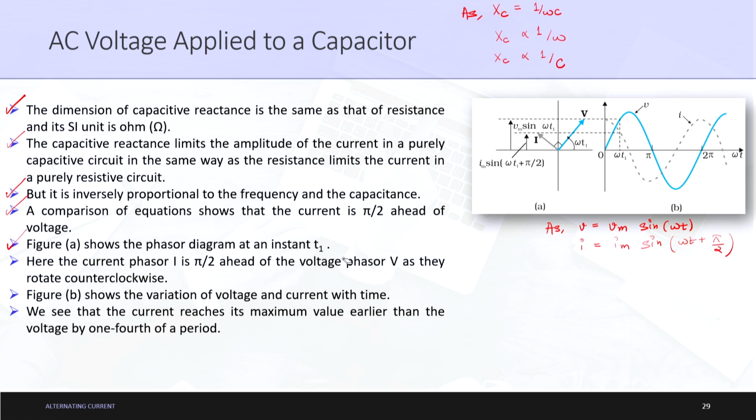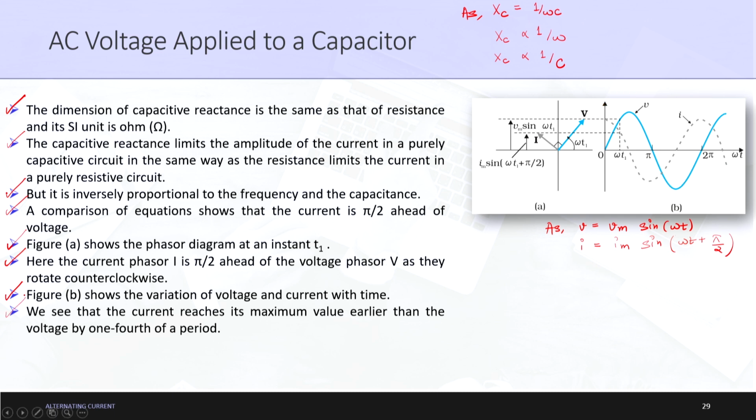Current I is drawn in front of V because the diagram is in anti-clockwise sequence. Here the current phasor I is pi by 2 ahead of the voltage phasor V, as they are rotated counterclockwise. Next, figure B shows the variation of voltage and current with time t, which is being explained there.